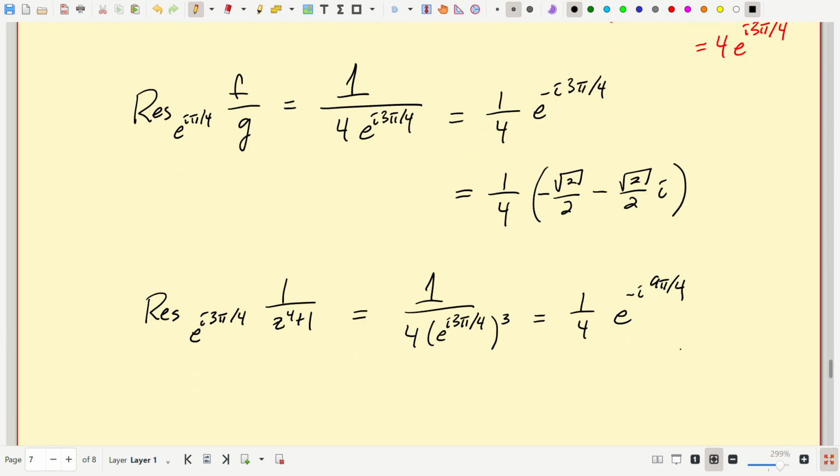And I could figure out what that is. That's equal to 1/4 times the square root of 2 over 2 minus i times the square root of 2 over 2.